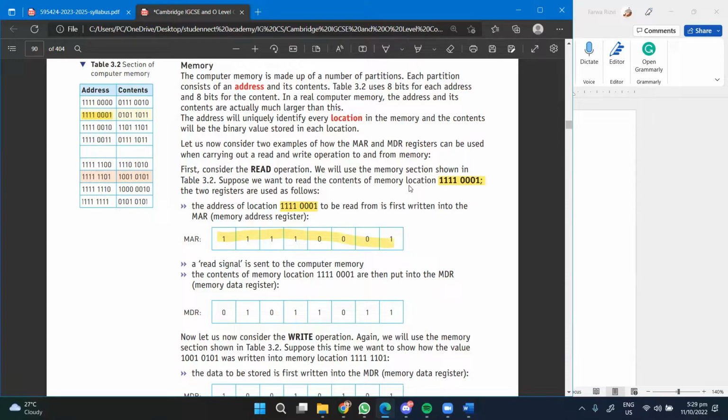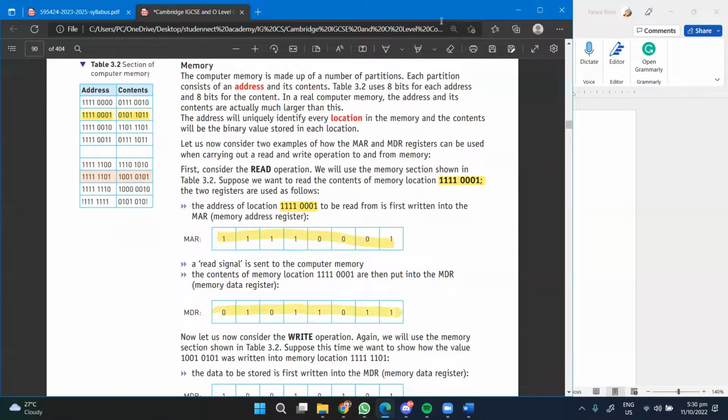It looks up the data stored at this memory address, and the contents of that memory location are then put into the MDR, and then it accesses this data right next to it. And then that data is stored into the memory data register here.